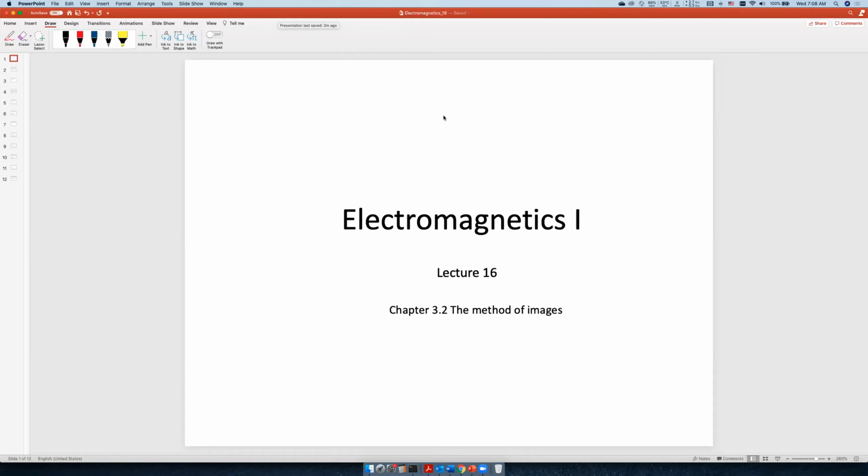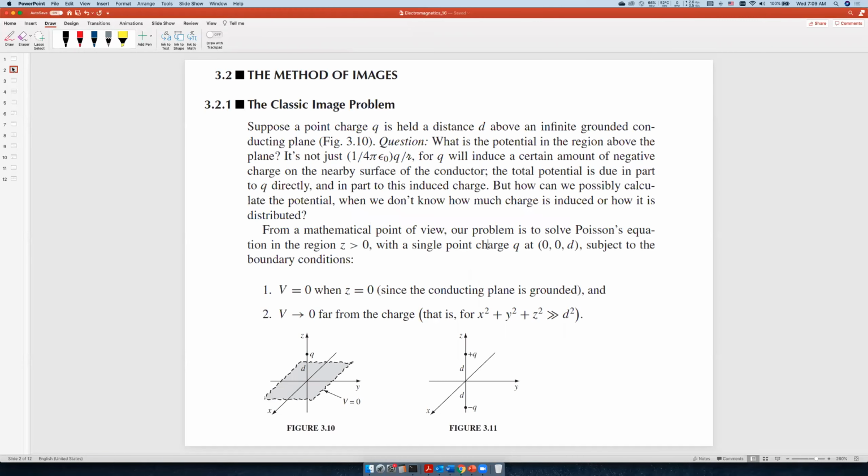Instead, you create another situation which may have the same solution as the original problem, then that solution could be used in your problem. And in this case, we need to use some image charges. Now, let's see the first problem, which is a very classical problem, the classic image problem.